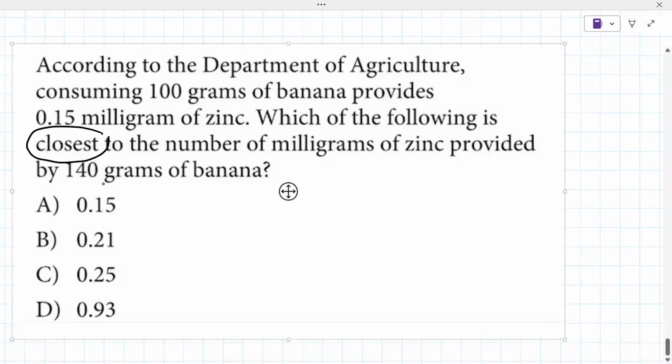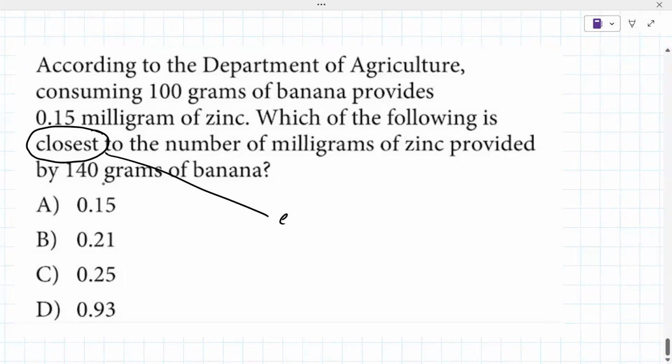When it says closest to, they are asking you to estimate. Even the ones that are in the calculator section don't always require a calculator. One of the things you should think of is that 140 grams compared to 100 grams is about 50% more.